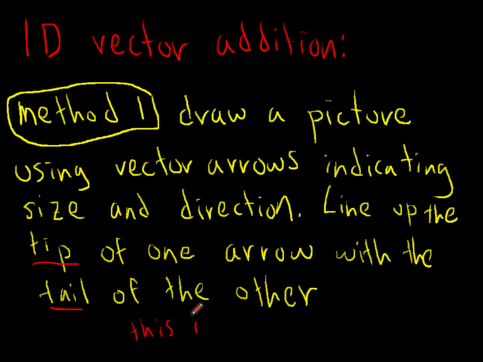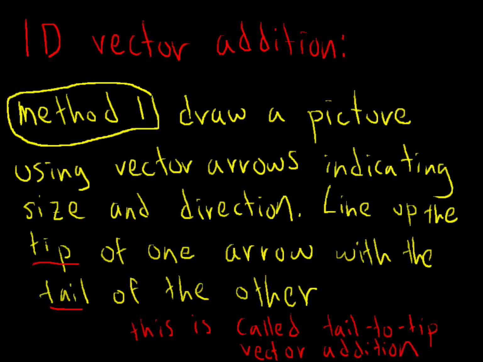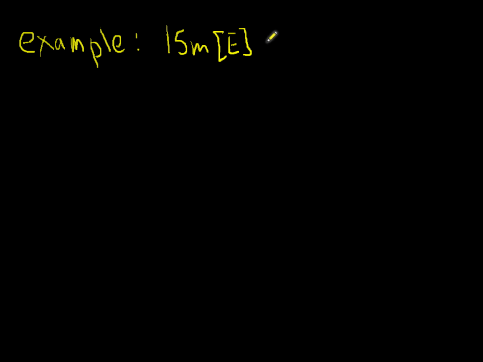This is called tail to tip or tip to tail vector addition. It's not as hard when it's only one-dimensional and it seems quite simple, but it's a good technique to learn now while it's simple, so that way for two-dimensional vector addition, it's already something you understand.